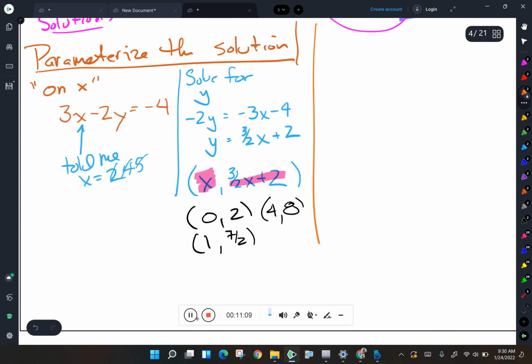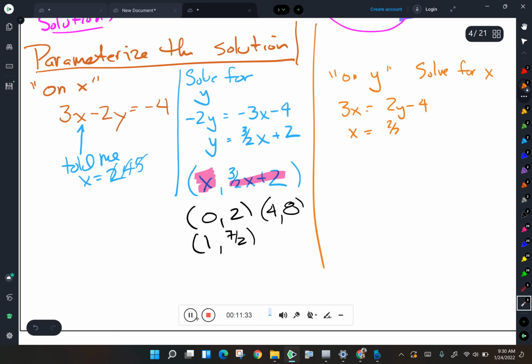As if this isn't complicated enough, you could also parameterize on y. Meaning if you told me y, then I could find the value for x. To do this, I'm going to solve for x. And so that gives me 3x is equal to 2y minus 4, or that x is equal to 2/3 y minus 4/3.